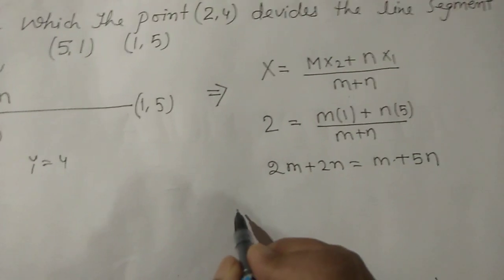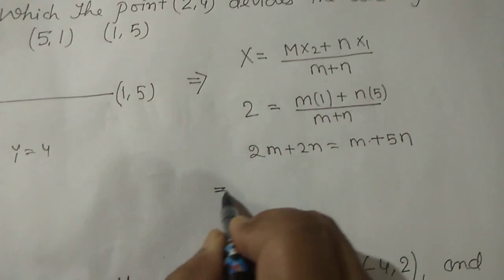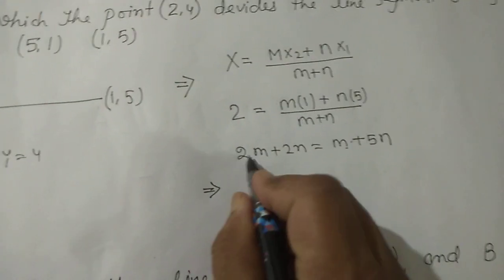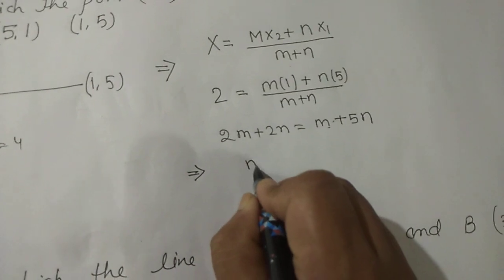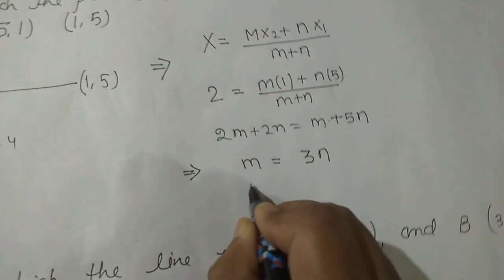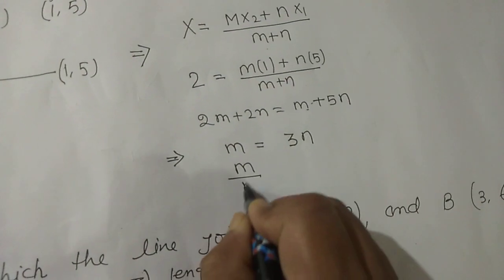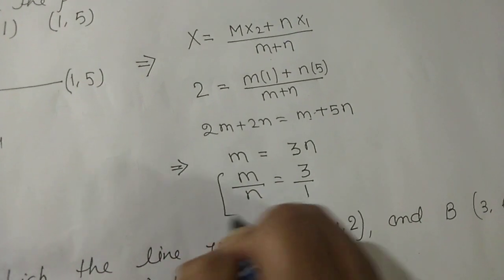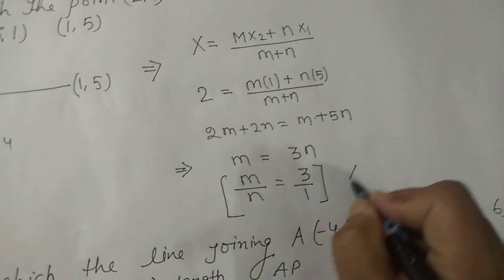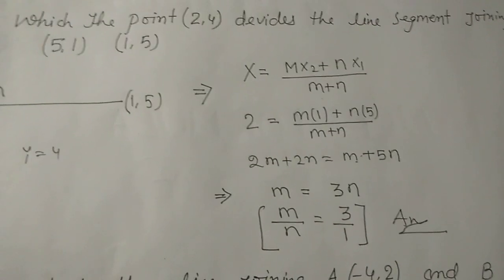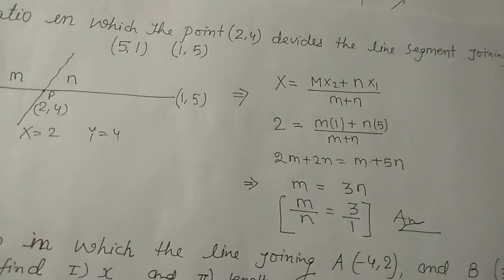Here this implies 2m will come this side, 2m minus m, that is m, is equal to 3n, or we will write m by n is equal to 3 by 1. No need for more, only this much will give you the answer.